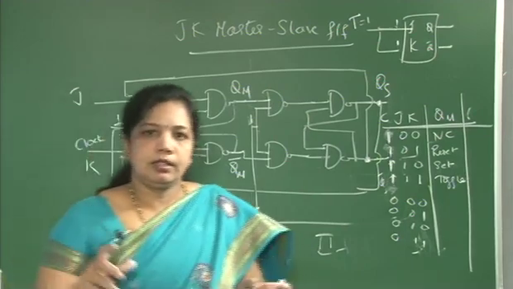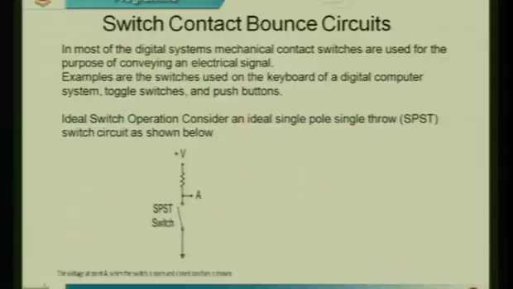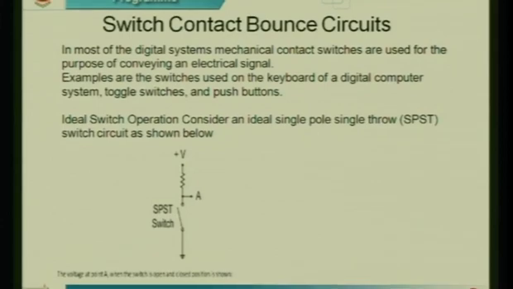So now let us discuss the switch contact bounce circuit. What exactly is this switch contact bounce circuit? In digital systems we use mechanical switches for conveying an electrical signal. Whenever I need to send some data, I press the switch.